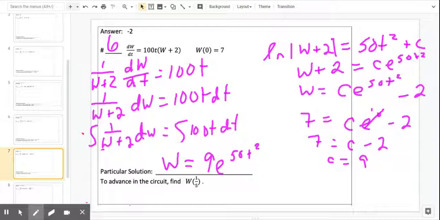Okay, so now we need to find w of 1/5. I think I can squeeze this in here. Let's see.